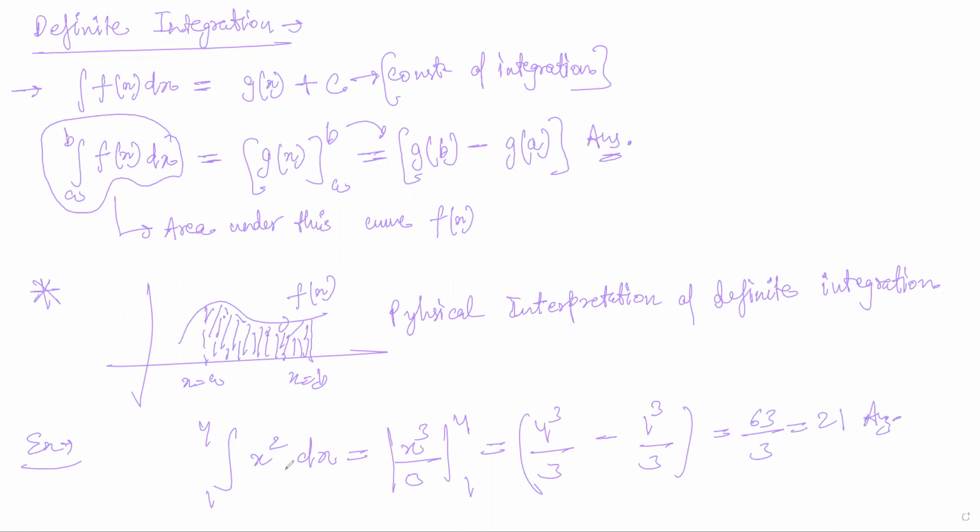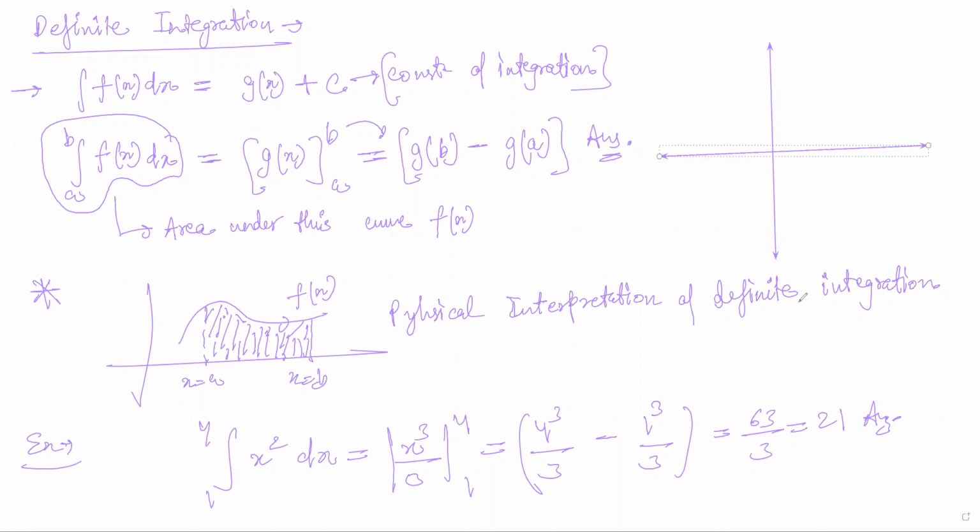Now, as we have not given any units here, we are not using any units. But let's see what this represents. We can see this in a better way because we know the graph of x square. Here we were talking about any general function f(x). f(x) could have been anything.